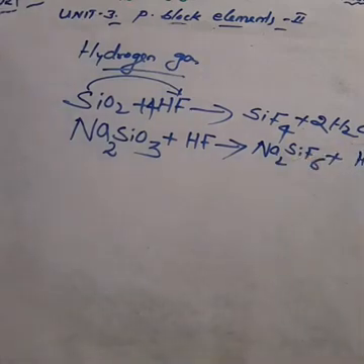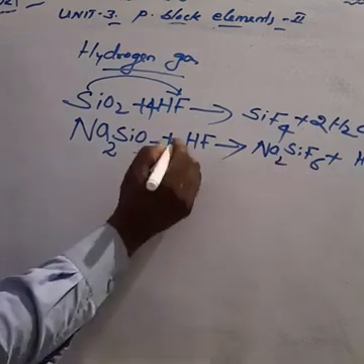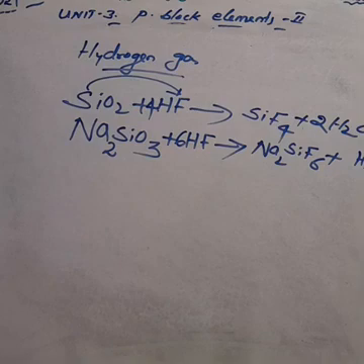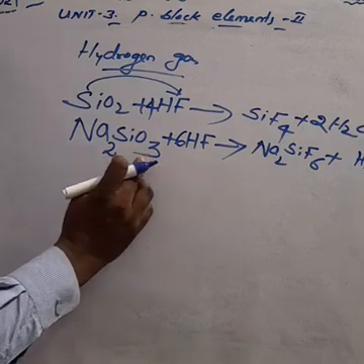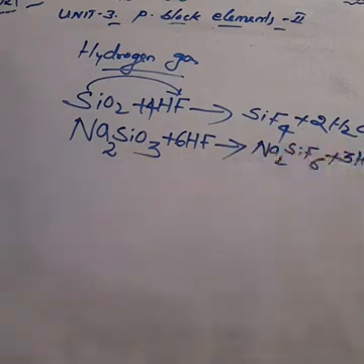Here, how much fluorine is there? Product side 6 fluorine, so make it the reactant side also 6HF. How much oxygen is there? The reactant side 3, so make it 3 water molecules. Now the equation is balanced.